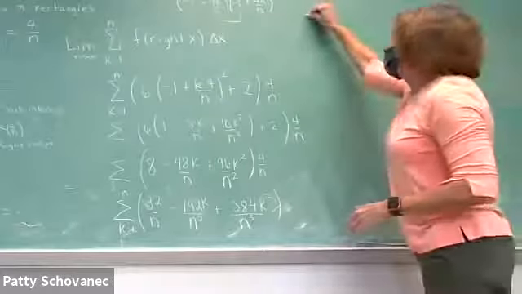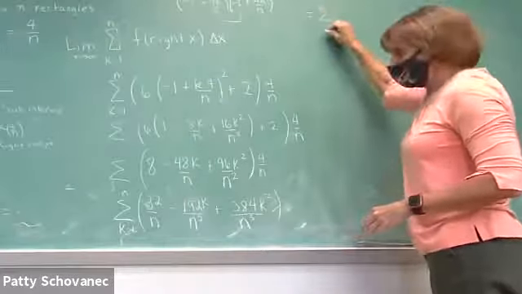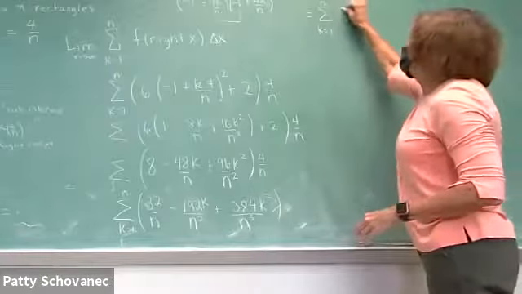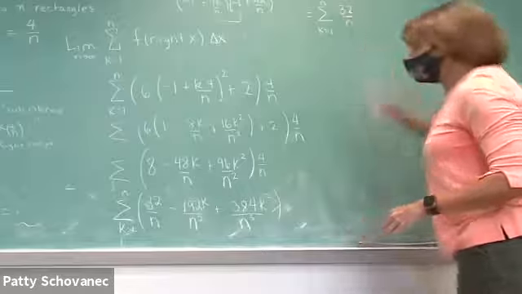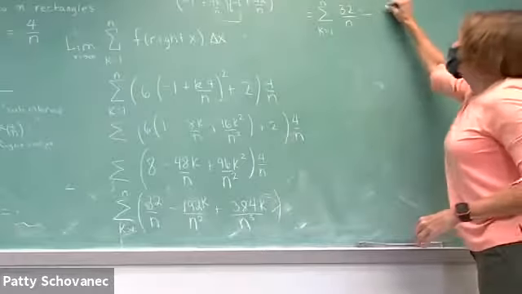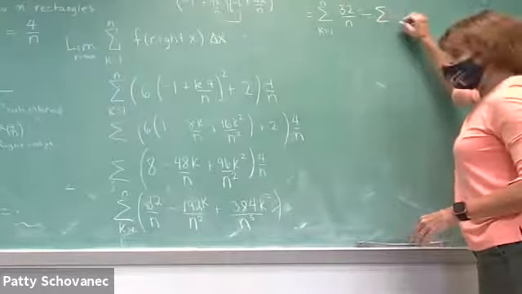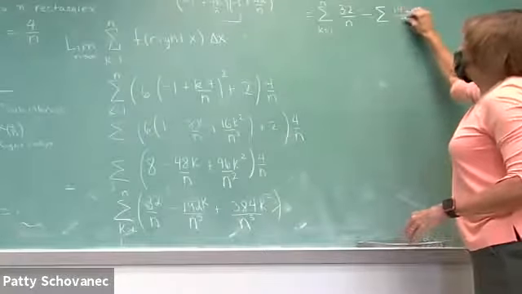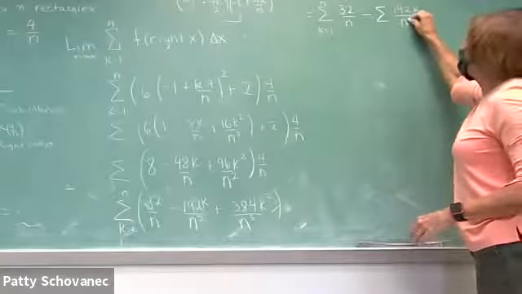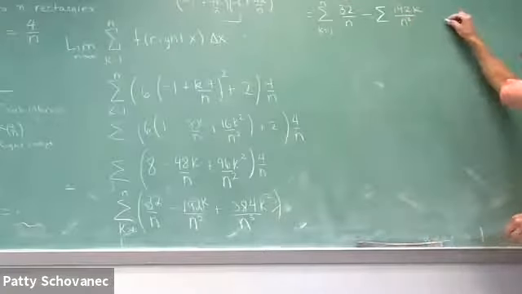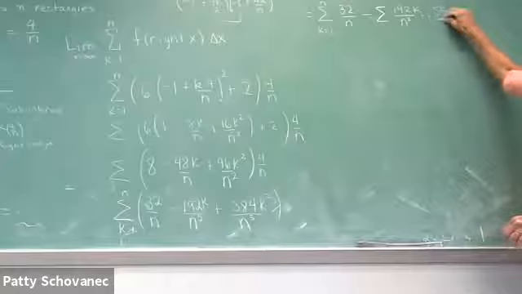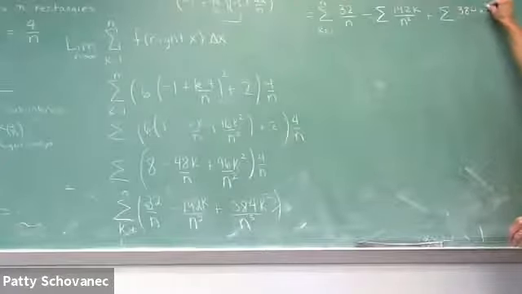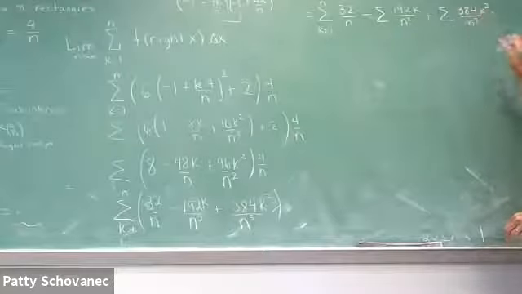So I'm going to write that as the sum from k is equal to 1 to n of 32 divided by n minus the sum of 192k over n squared plus 384k squared over n cubed.